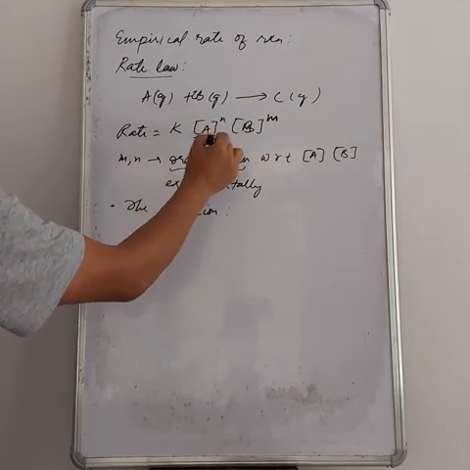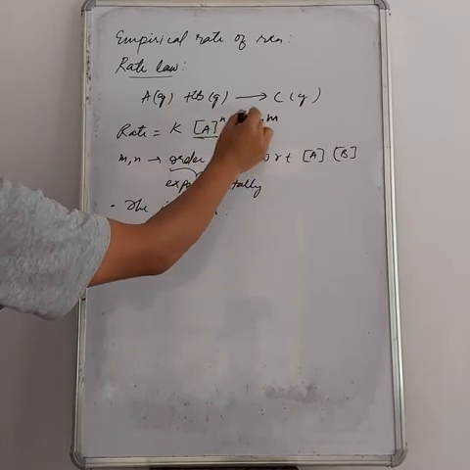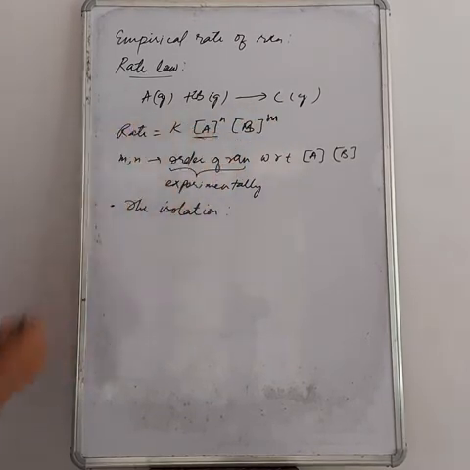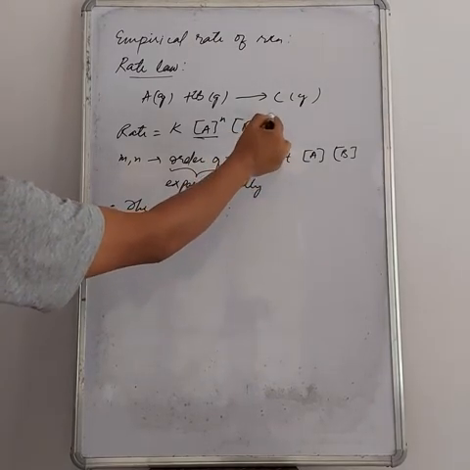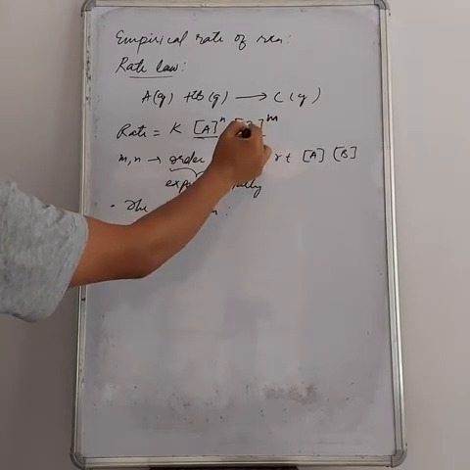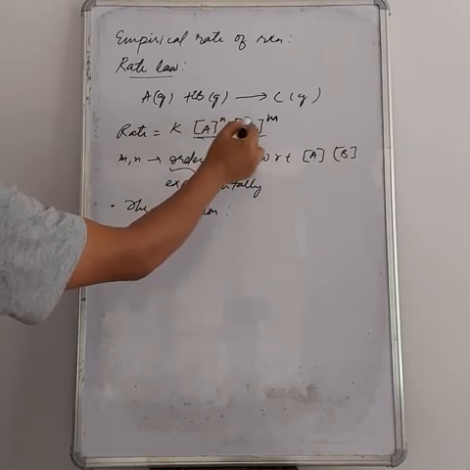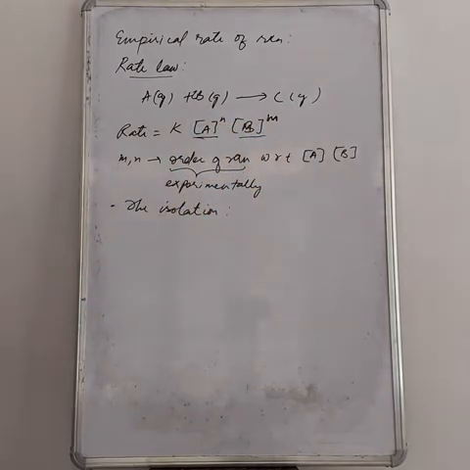Meaning we keep one constant and we determine how the other one is changing with respect to that. Similarly, if we want to determine the order of B, we keep A constant and we vary B. That's how we determine it in the isolation method.